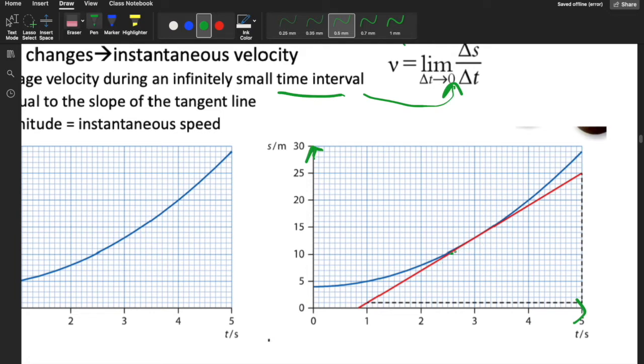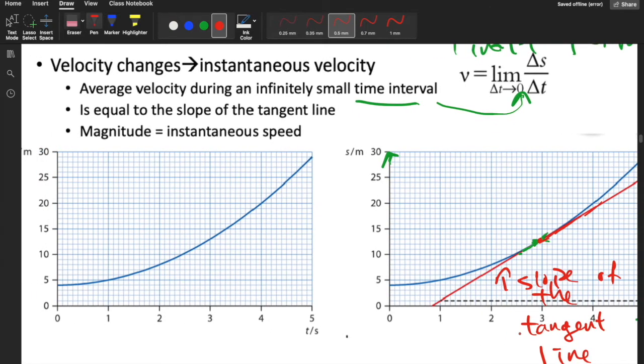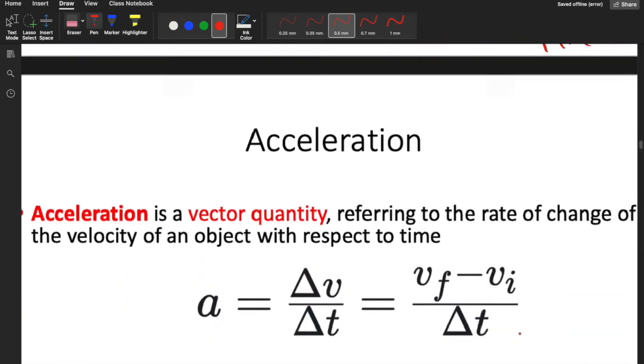As the interval gets very, very small, so small that it approaches 0, the instantaneous velocity will be equal to the slope of the tangent line. Don't worry if you have not learned calculus. You will probably learn it in your math class later.